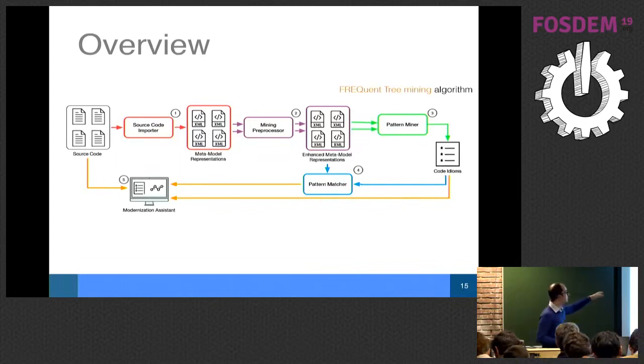Actually, it's important to say that now we are running a pretty simple algorithm that is frequent tree mining. But we are trying to explore all the possibilities that you have with this kind of algorithm. In the end, using the algorithm per se is not very hard, but adapting it to our case study is not so easy.